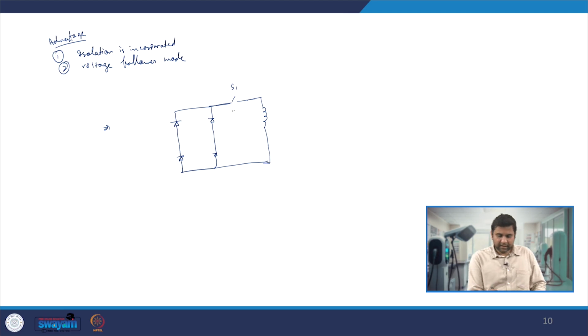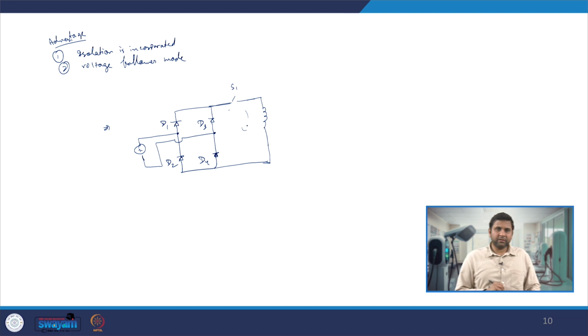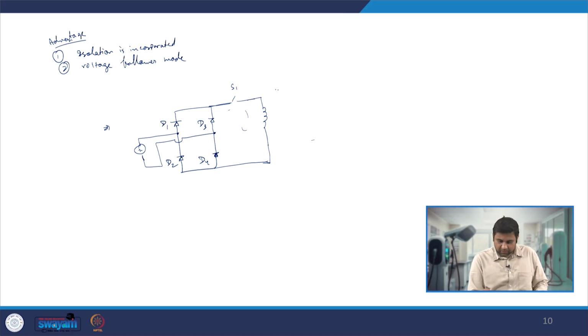On the other side, let us say this is the source. When switch S1 is on, the current will be going in this way, since the inductor current cannot be absorbed suddenly.